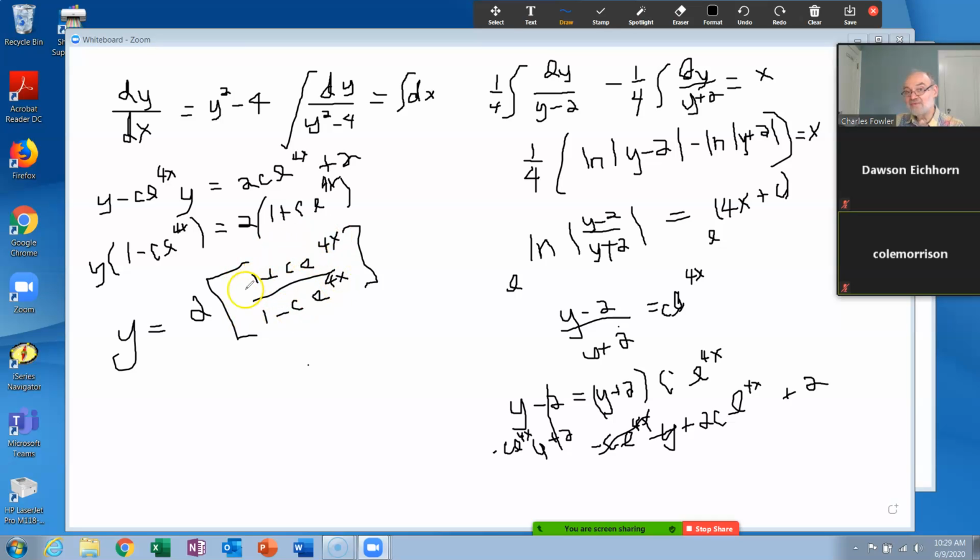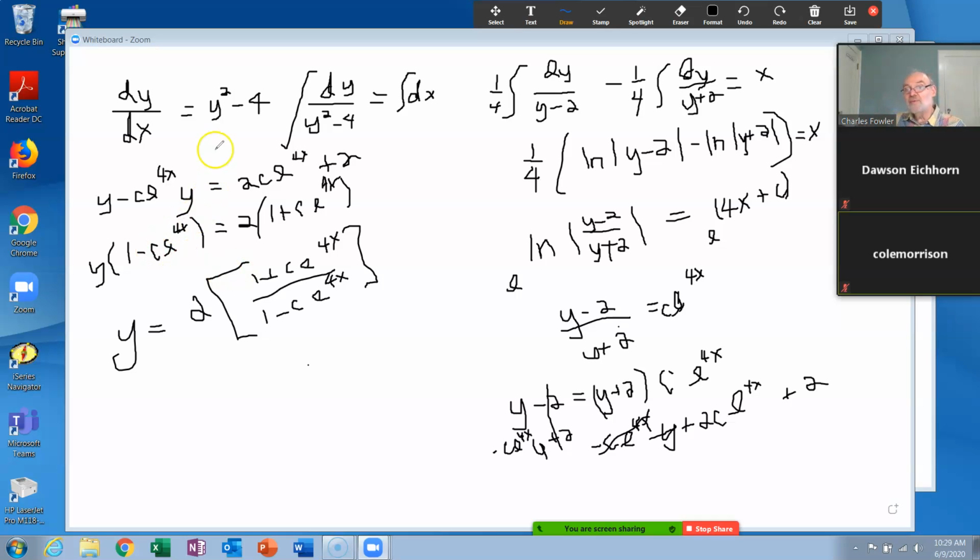And the reason is, the only way that could be 0 is either if 2 is 0, which of course it isn't, or 1 plus ce to the 4x is equal to 0. No, I'm sorry. I said that wrong. Y is equal to either plus 2 or minus 2. Okay. And I won't go into all of it, but I don't think you'll ever produce those here.